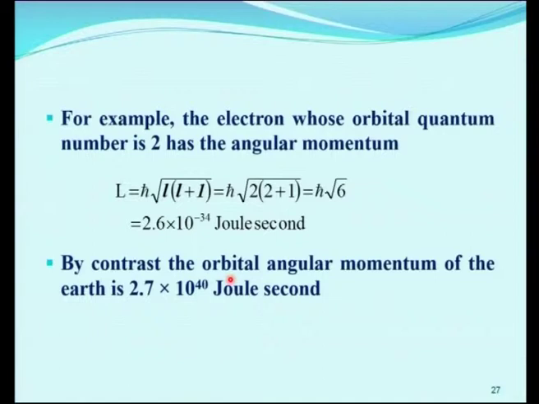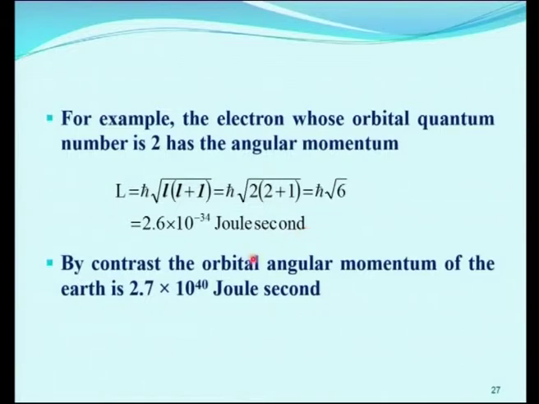Its angular momentum is given by the formula we have seen earlier. Substituting l equal to 2, we get ħ times the square root of 6. If you substitute ħ equal to h by 2π, where h is Planck's constant, then we get a numerical value of 2.6 × 10⁻³⁴ joule second.